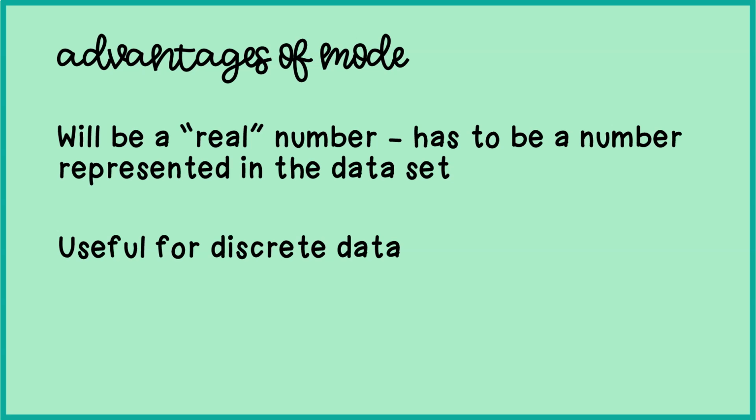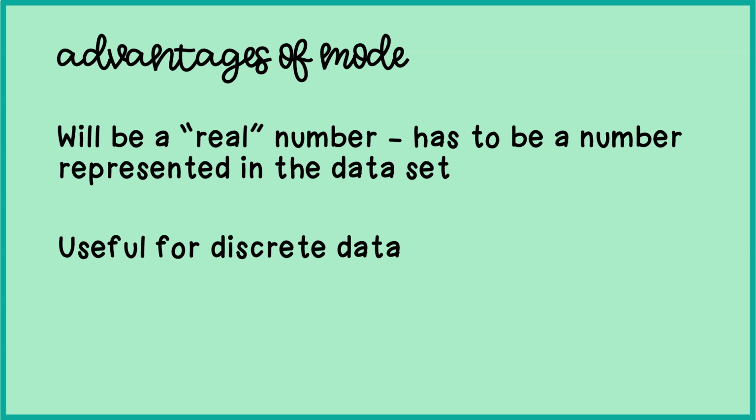The advantage of mode is that it will be a real number. Like in the rating example, if you're thinking, okay, it's got a 4.7 star rating, then you can say that's close to 5, but you know that 4.7 is not an actual rating that anyone can give. So the mode, 5, is a real number in that it is represented in the data set.